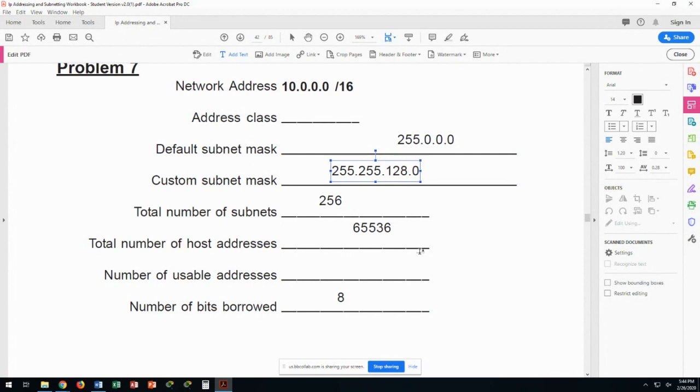So then 18 is 192, 19 is 224, 20 is 240. You're just adding the bits. But that's all that slash means. It's how many bits in my subnet mask. So hopefully that won't throw you anymore when you see a slash. It's how many bits are in the network portion of it, or it helps define that subnet mask.